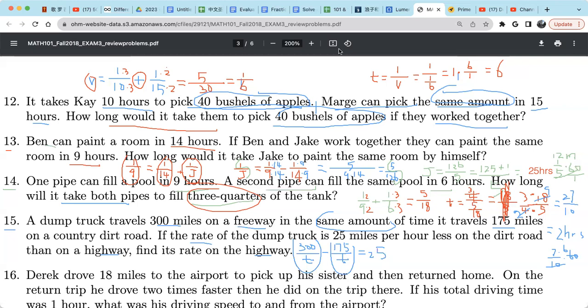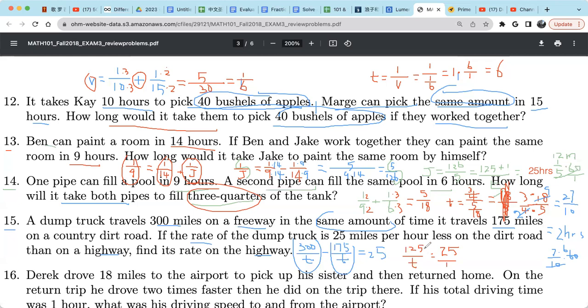Now, how do we solve this equation? We have a common denominator, t. So 300 minus 175, that's 125. So we have 125 over t equals 25. 25, we can think as 25 over 1.